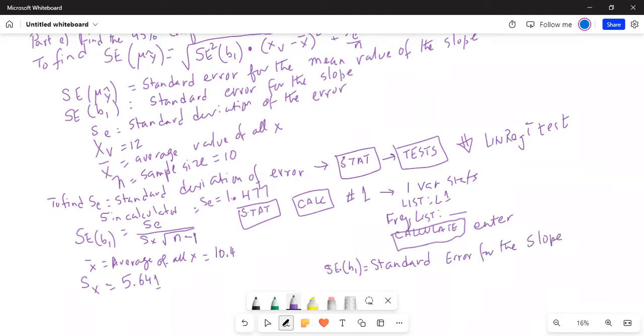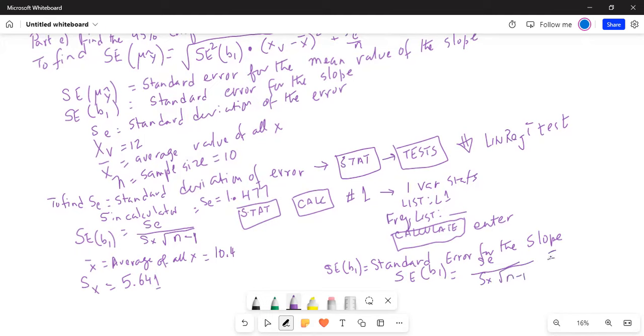Okay, and this is given as SE of B1, the standard error for the slope, is equal to SE, the standard deviation of the error term, divided by Sx times the square root of n minus 1.